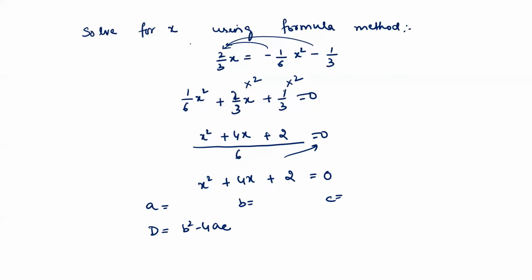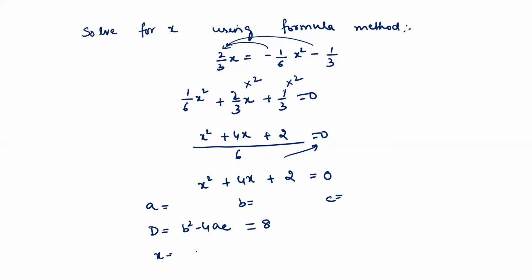Ma'am, discriminant is 8, ma'am. Discriminant is 8. Yes, ma'am, even I got it. 8, okay. So we see that it's not a perfect square.